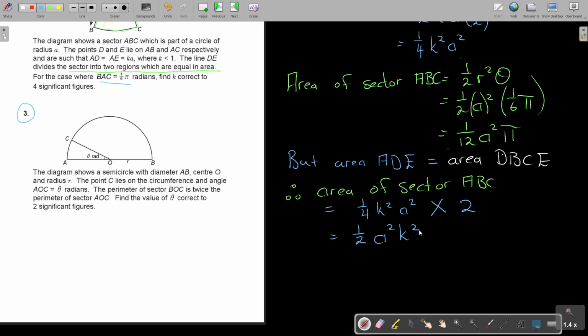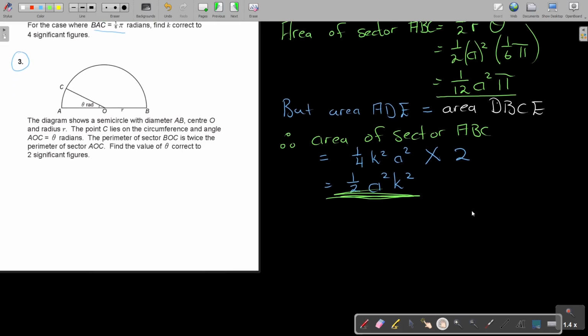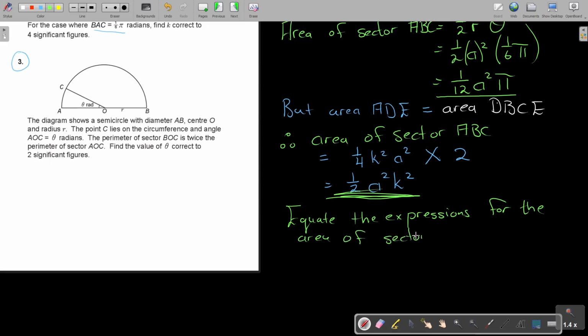That is going to be equal to that, so I'm going to equate the expressions for the area of sector ABC.